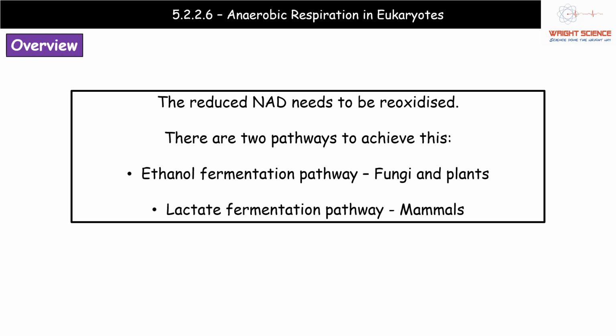If we're talking about fungi and plants, they will use a process called the ethanol fermentation pathway to reoxidize that reduced NAD. If we're thinking mammals, it would be the lactate fermentation pathway. So two different pathways to reoxidize that reduced NAD, and it's determined by what organism we're actually talking about as to which one would be utilized.